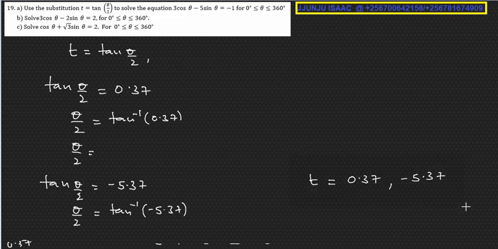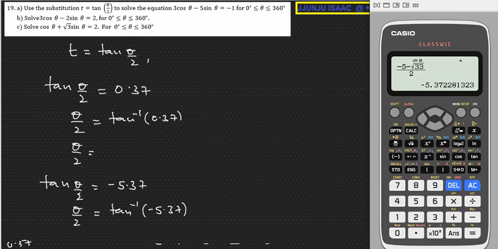So let us find out. When we take tan inverse of 0.37, we get 20.3 degrees.